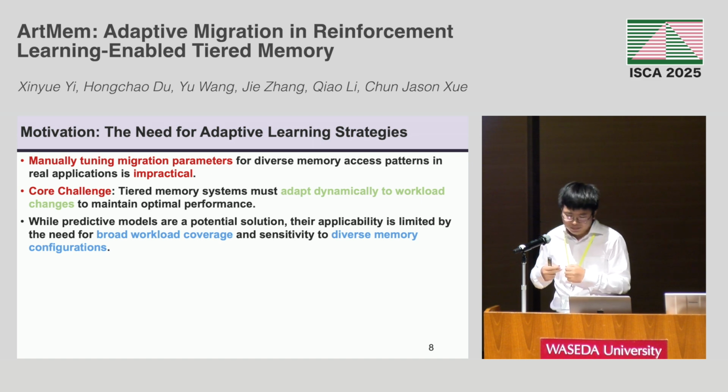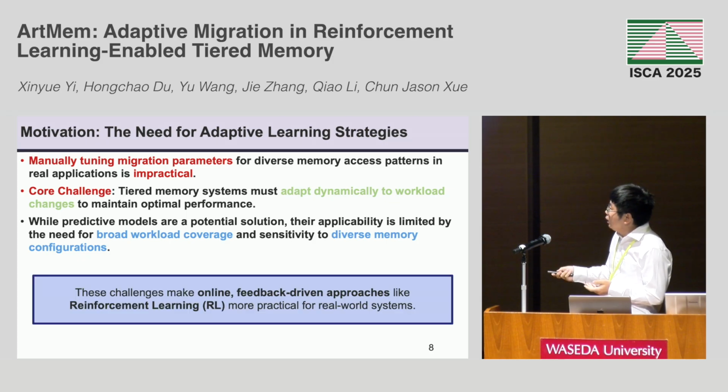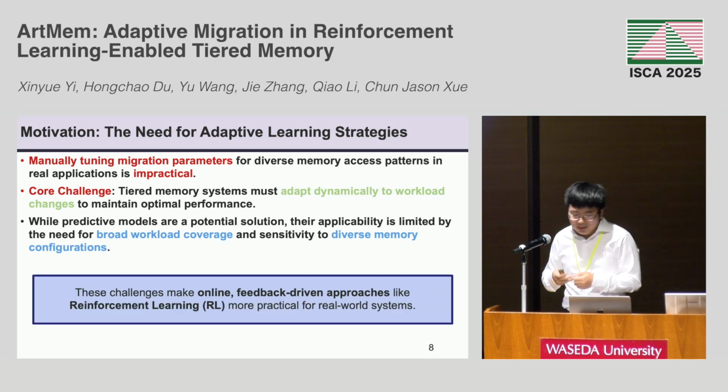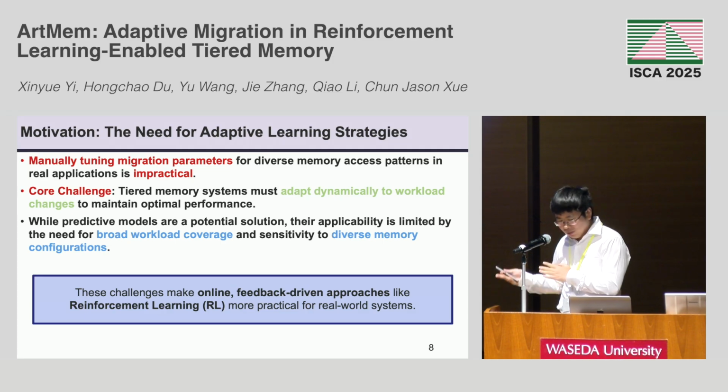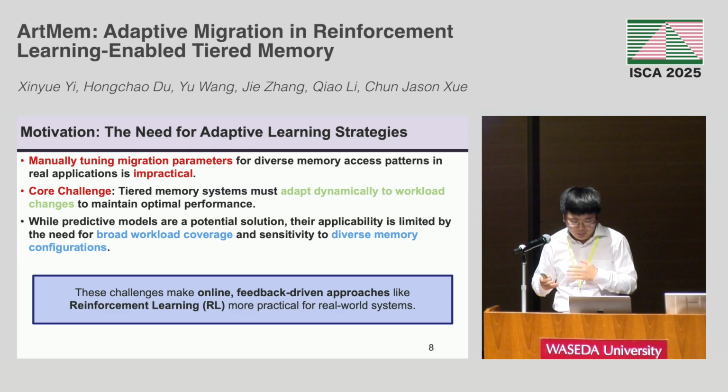This makes them impractical for real-world deployment. Instead, online reinforcement learning offers a more practical approach. Our agent can learn from interactions with the environment and adapt to new patterns without requiring pre-training.